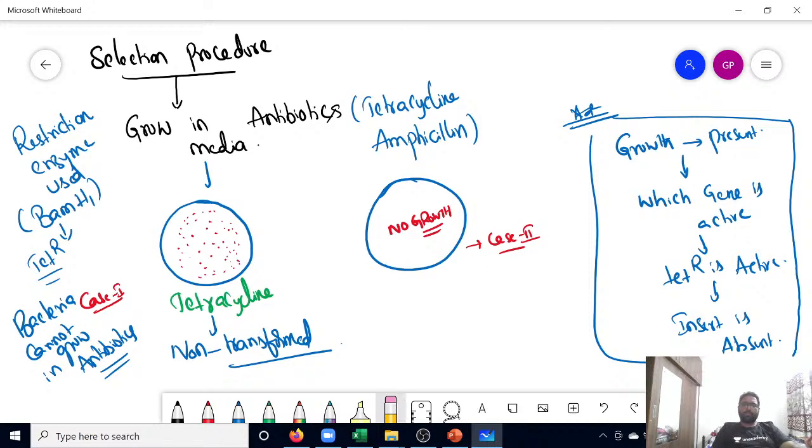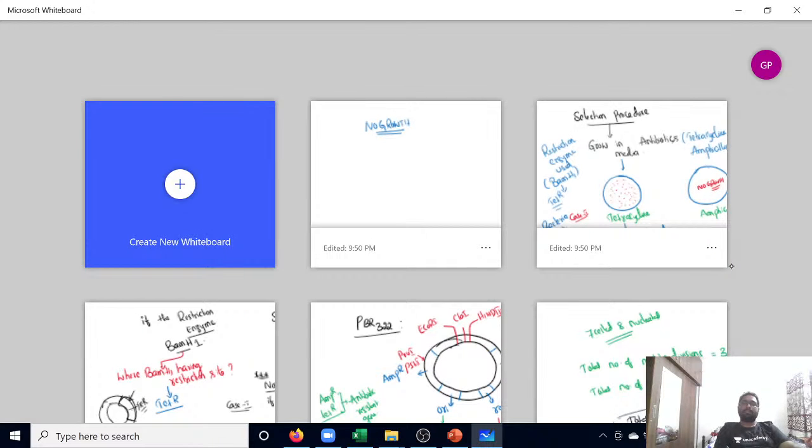Assume this is only tetracycline. Now this is transformed. Just for the sake of your understanding, I'm telling. Tetracycline, now it is transformed, means no growth. Let me talk about how no growth will come.